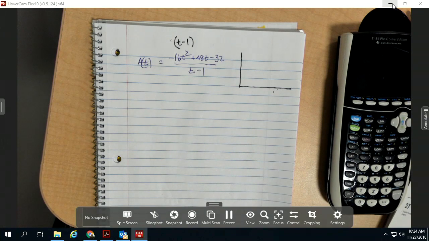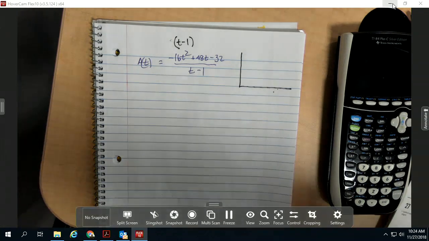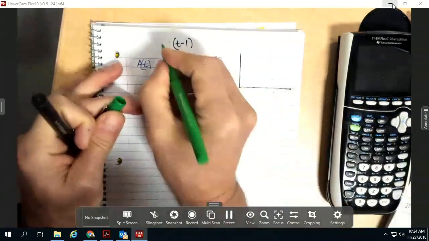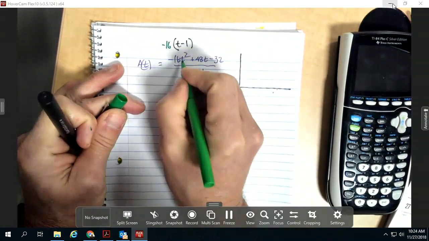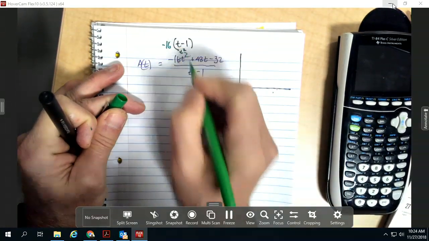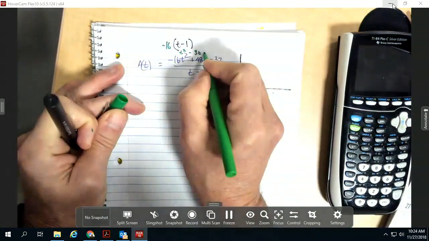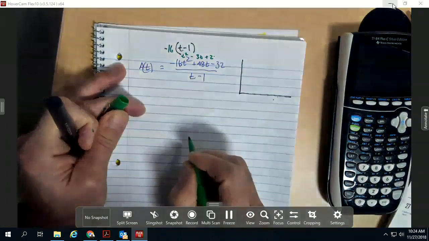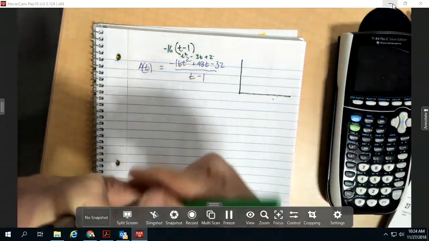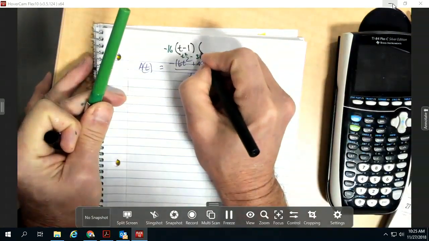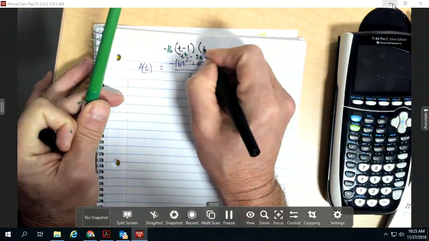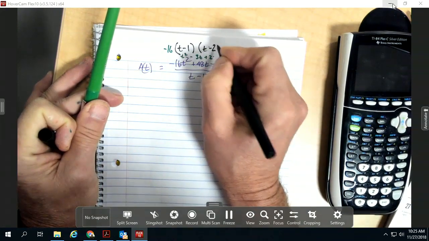But it's possible you wouldn't see that. If I factor a negative 16 out of everything, then this becomes t squared, this becomes negative 3t, and this becomes plus 2. And the two factors of that are t minus 1 and t minus 2.